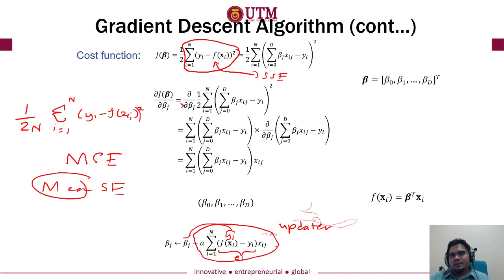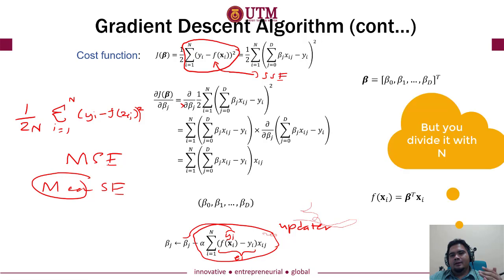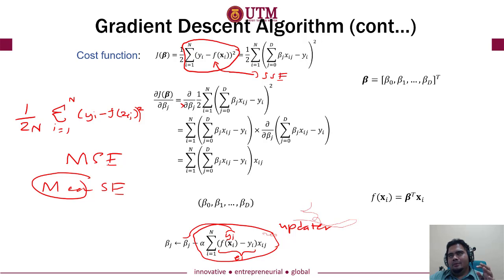You are not taking that total error as the value of the cost function. You divide by n to get the mean, or the average error, in that case.